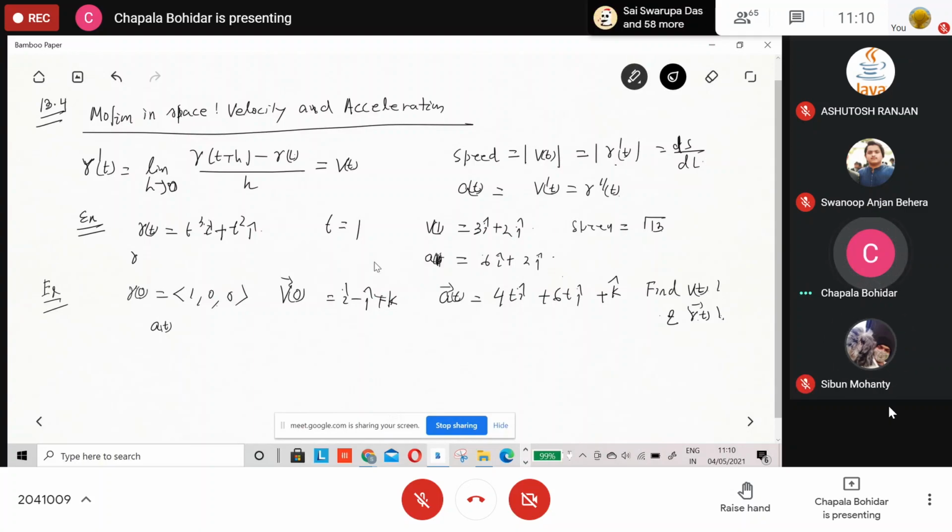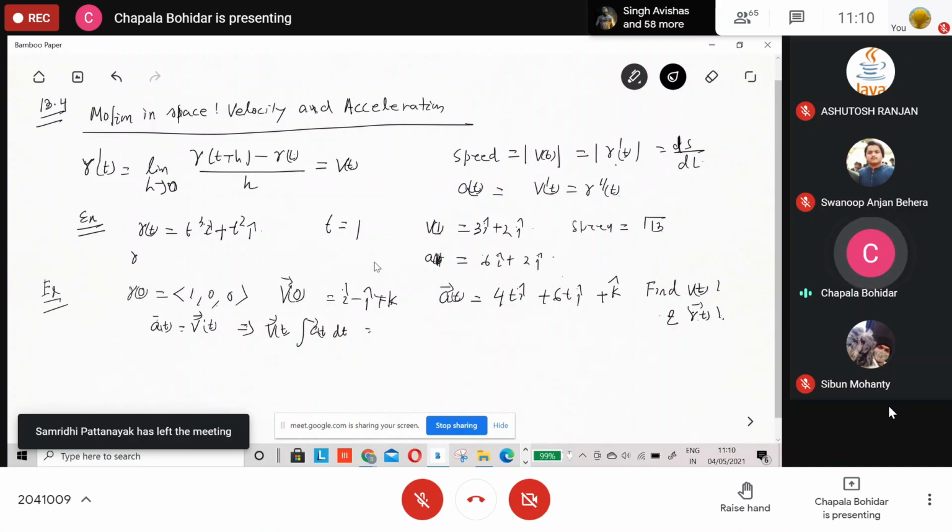Sorry, a(t) is the given acceleration, and v'(t) is equal to a(t). This implies v(t) is equal to the integration of a(t) dt. It is a vector, all are vectors, you have to remember the vector sign.